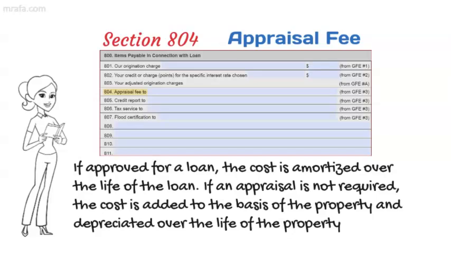You cannot deduct it in the same year. However, if it's not required, you can add this cost to the adjusted basis of your property, and it will be part of the depreciation calculation that you amortize over the life of the property.